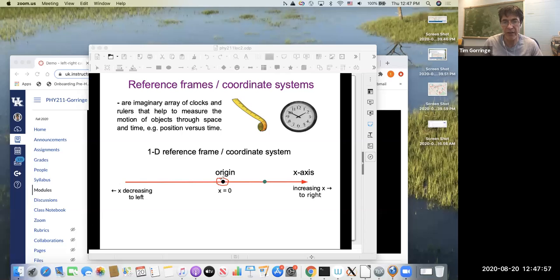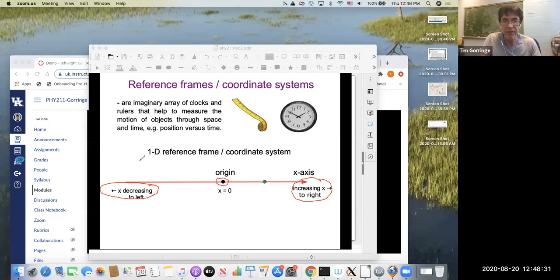That's where we're at the origin. And then if we go over towards the right, here I'm walking towards the right, that's towards increasing X, more and more positive X. And then if we're over here on the left, as you walk towards the left, you're going to more and more negative X. And so the reference frame allows us to say where we are, whether we're close by the origin or far from the origin, that sort of thing.